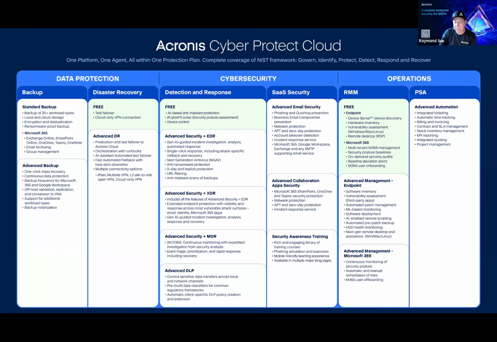But with DR to Azure, that opens up a lot of additional features, because disaster recovery to the Acronis Cloud was great for SMB type environments, but it was a little limited when it comes to connectivity as well as compute resources. And with DR to Azure, those are no longer an issue.